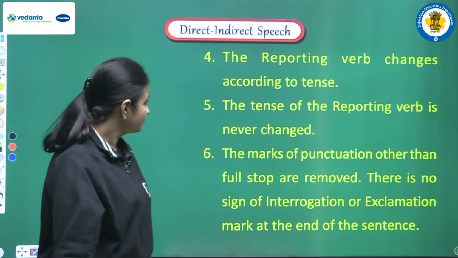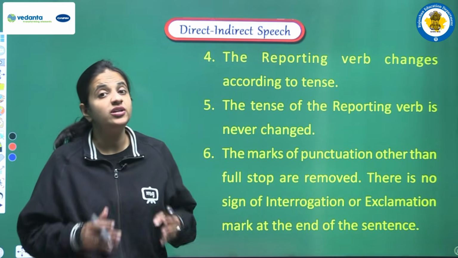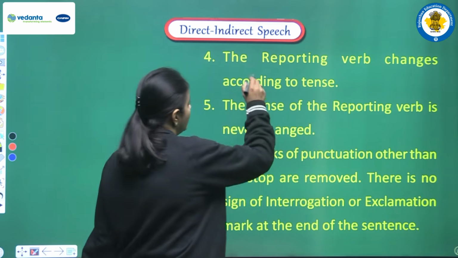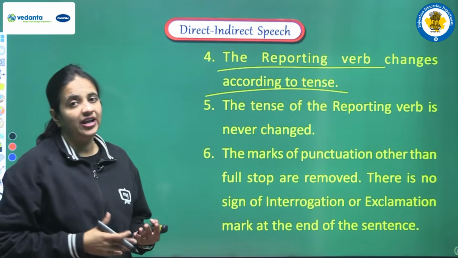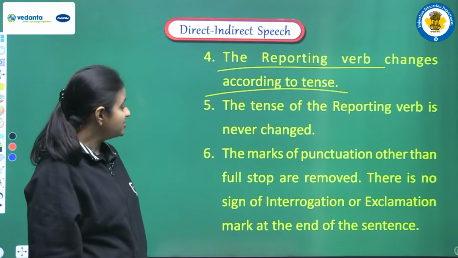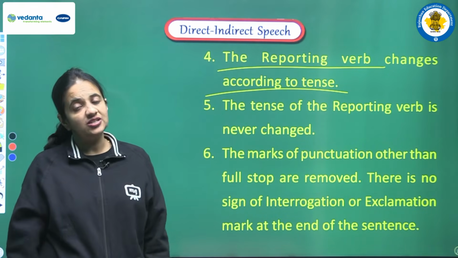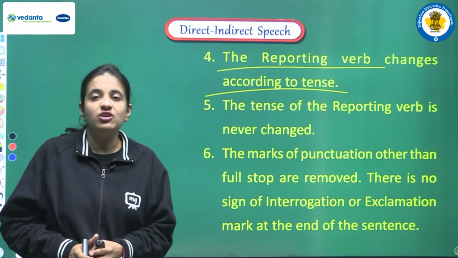Okay. Next point, the reporting verb changes according to tense. So yes, in the indirect speech sentence, when we are having the reporting verb, we have to do the changes according to the tense. Next is the tense of the reporting verb is never changed. So yes, whatever tense is there in the reporting verb, that tense we won't change.